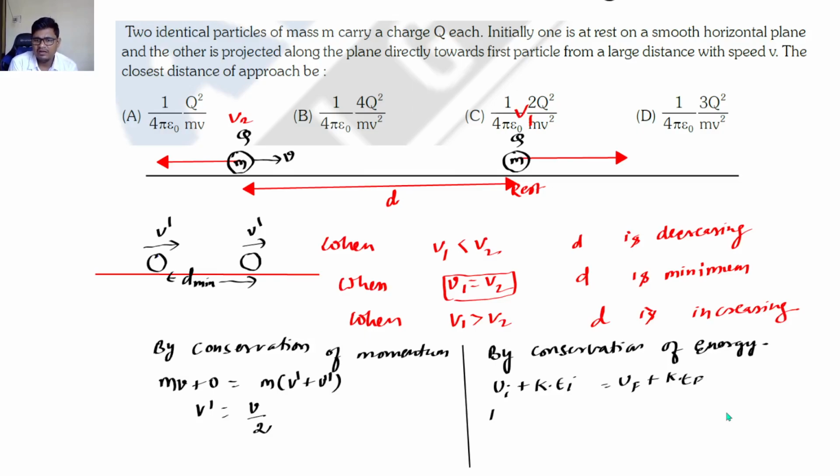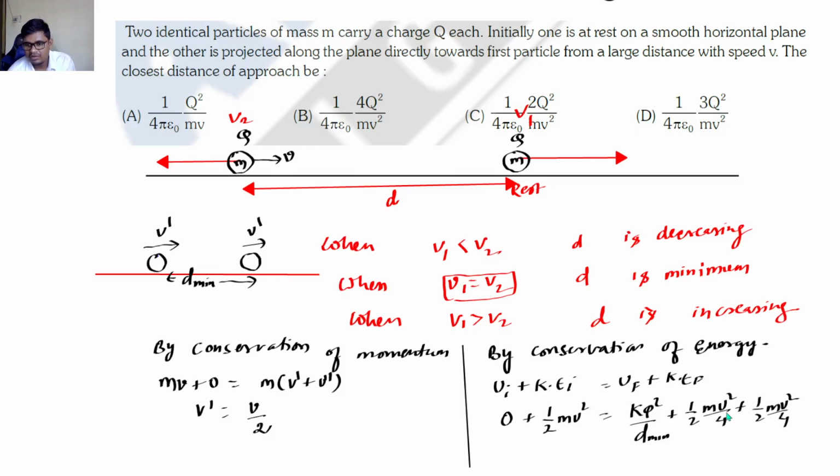U initially is 0, because they are at infinite separation, potential energy is 0. Kinetic energy initially is half m v square. U final is k q square by d minimum, which we have to calculate, and plus half m v square by 4 for one and half m v square by 4 for the other one, because the speed has become half.